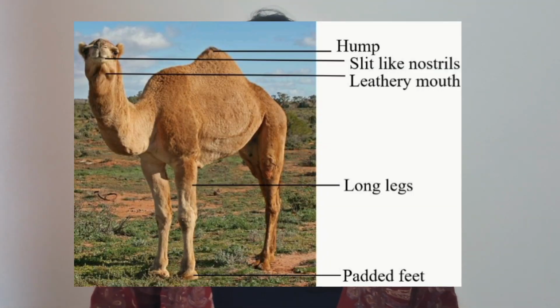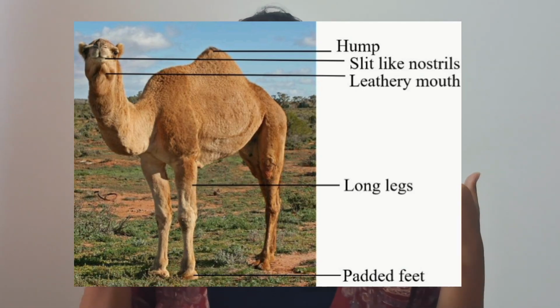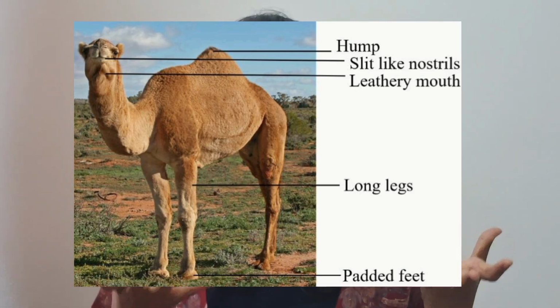For example, in the desert region, the animals living there, for example the camel, what does it have? It has long feet and wide hooves to walk easily on the sand so that it doesn't sink into the sand, and a hump to store water and fat, the food. Why? Because there is scarcity of water in the desert, and these animals need some adaptation in their body to survive in that hot region.